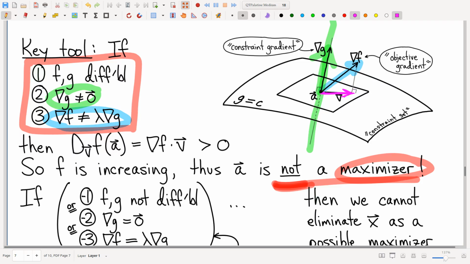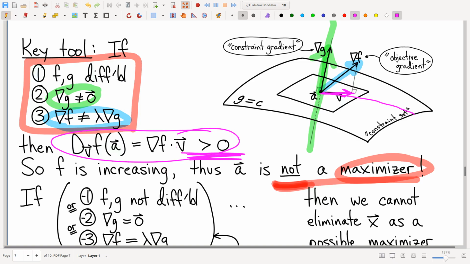If I were to just go along the constraint set, whatever this level set, whatever my constraint set is, in whatever direction on the surface is suggested by this off-perpendicular objective gradient, well, then the function is increasing. And if it's increasing, you're not at a maximum yet.